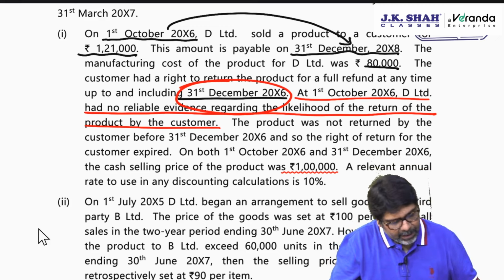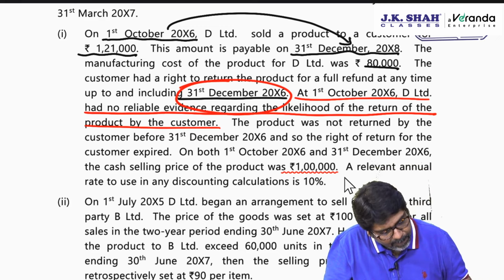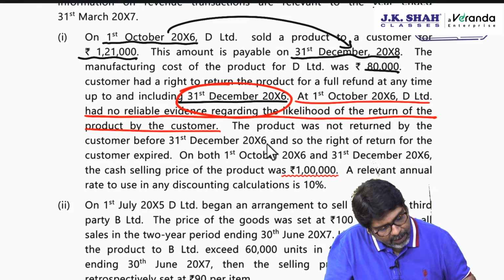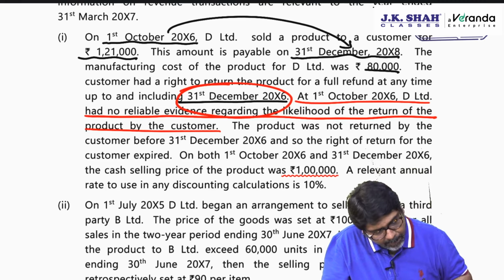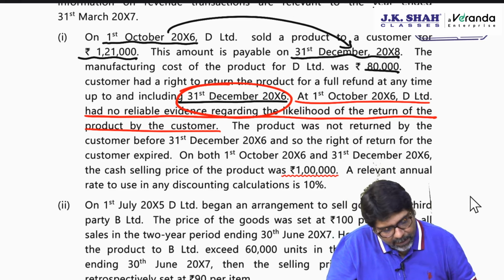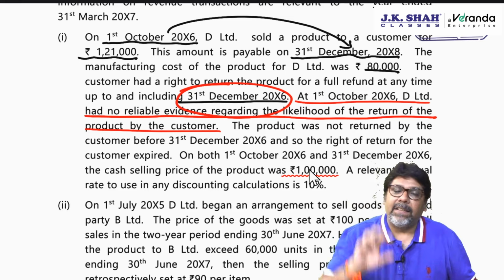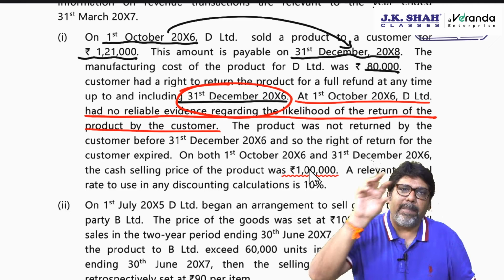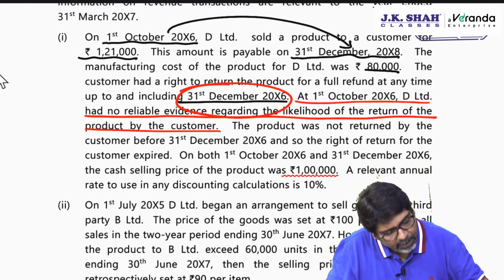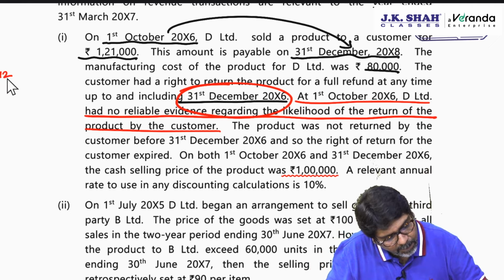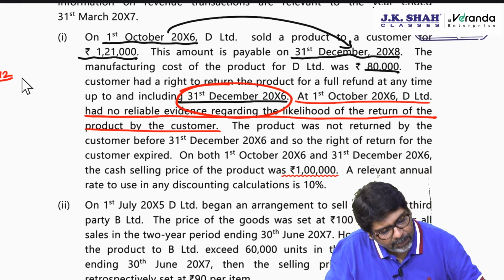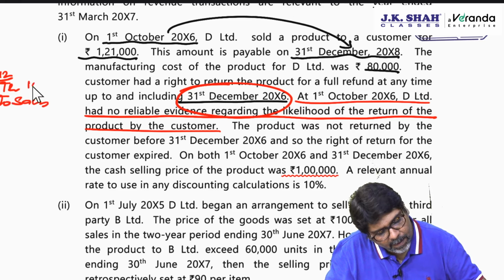By the year ending 31st of March, there would be an interest element added to trade receivables. So on 31st December, they will pass the entry: trade receivables to sales, 1 lakh.